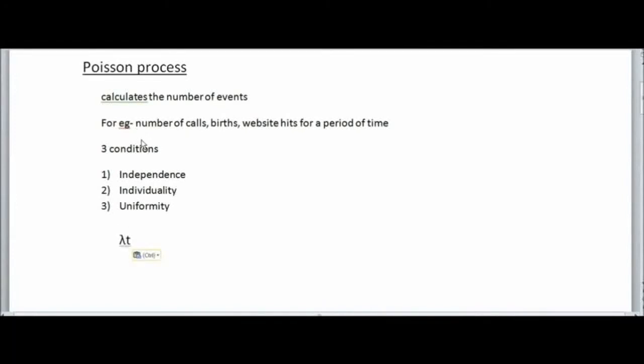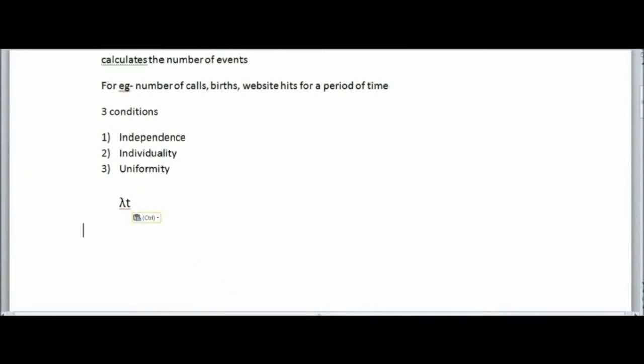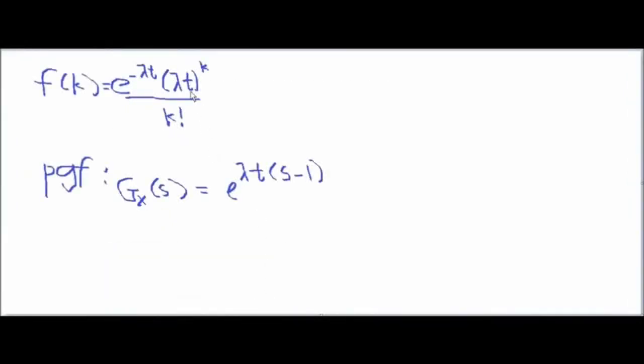Then, lambda t, which is mu, is the average number of occurrences in t units of time. The probability mass function, f of k, is e to the negative lambda t times lambda t to the power of k, over k factorial.